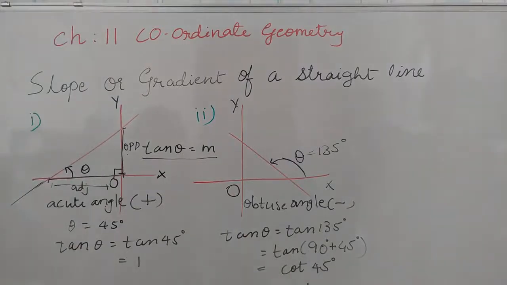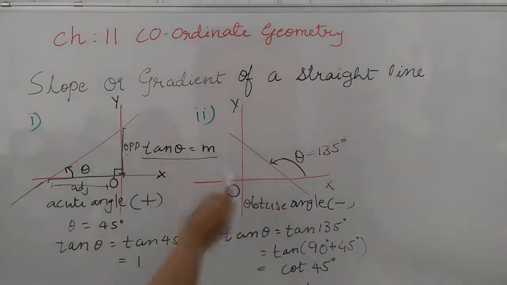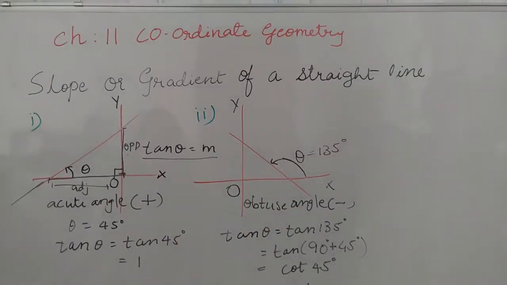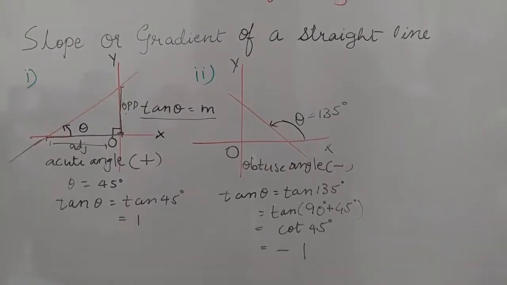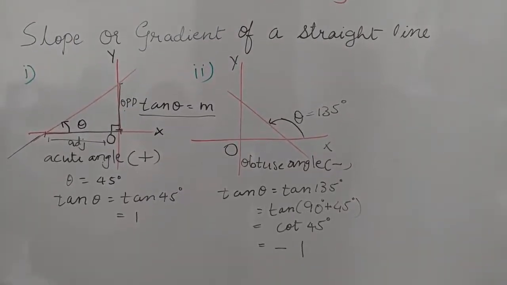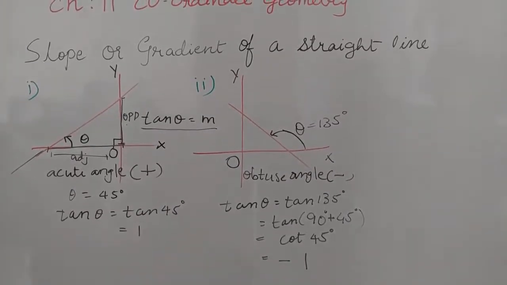So the value of tan 135 degree is minus 1. So in this way you can see the answer of this is 1 and this is minus 1, because they cut the same intercepts on the x-axis and y-axis. Only the difference is that this is obtuse and this is an acute angle. So students understood now that in both cases, whenever the angle is acute the answer will be positive and whenever the angle is obtuse the answer will always be negative.